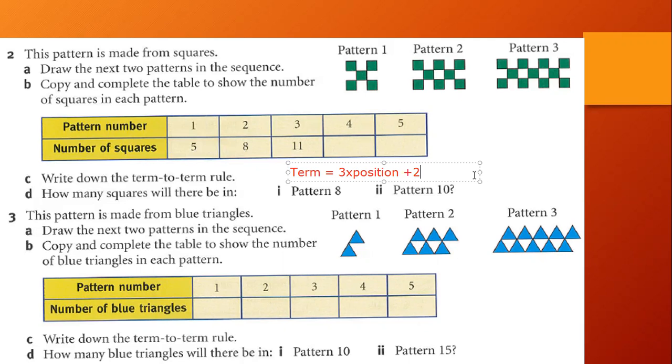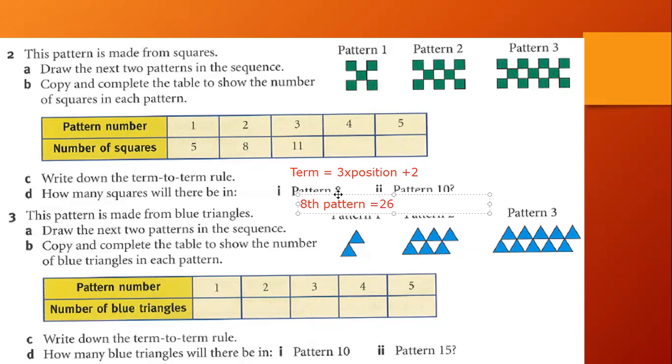So like this, if you want to know how many squares the 8th pattern has, the same number I put here to get my answer. Eighth pattern equals 3 multiplied by 8, 24, plus 2, 26.